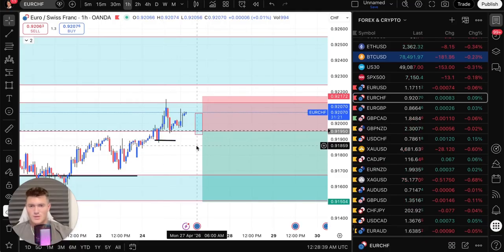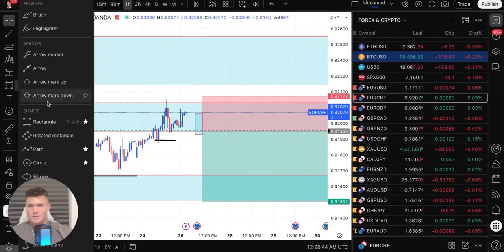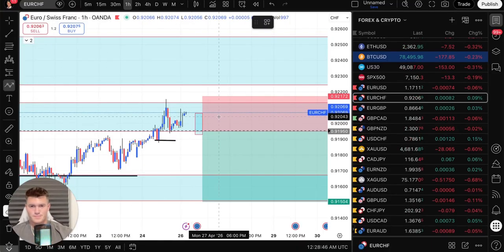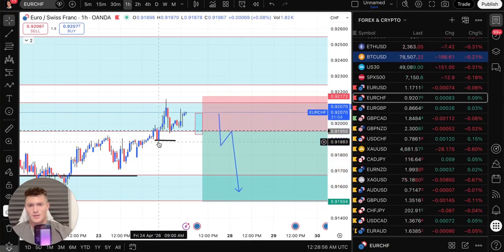Shift below, give us a wick pullback. Shift below, give us that wick pullback in the 4-hour. And then your trade has been analyzed.